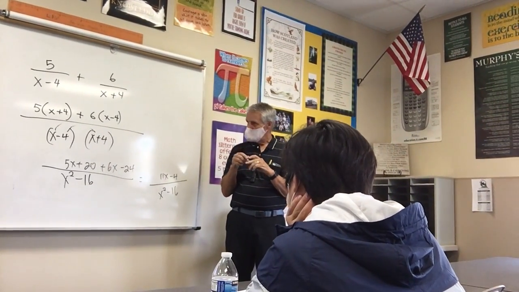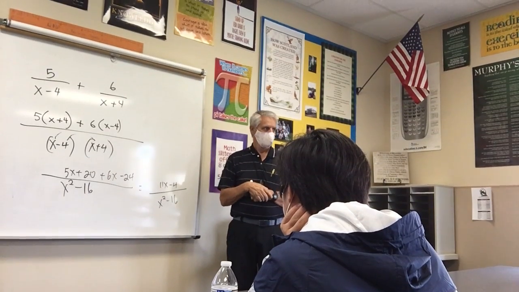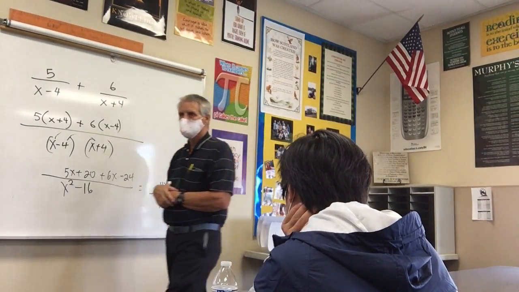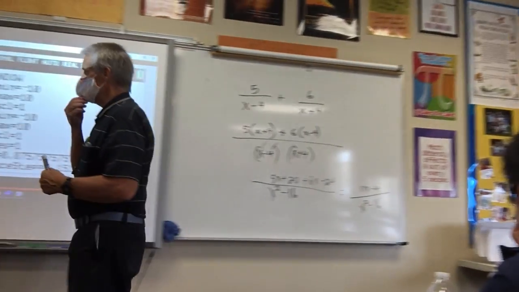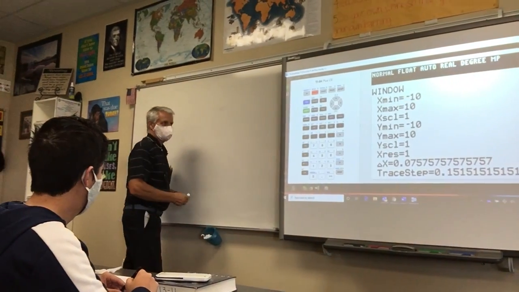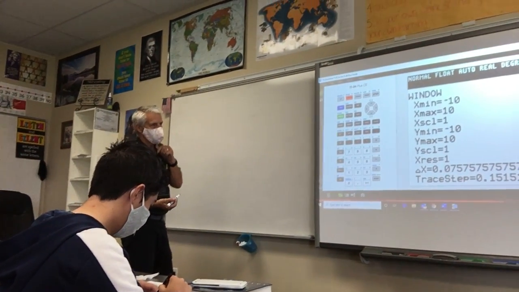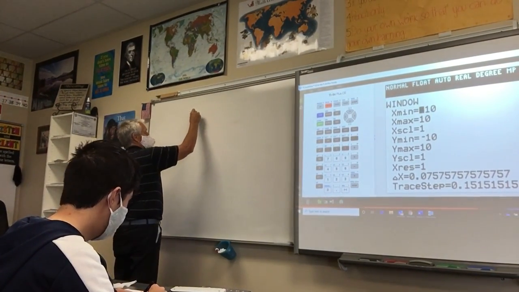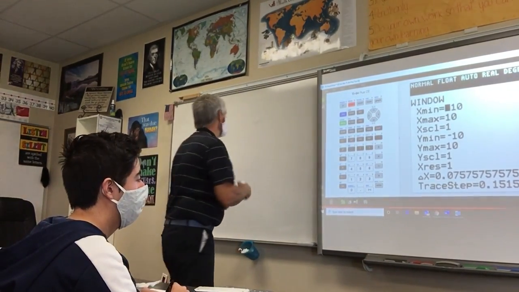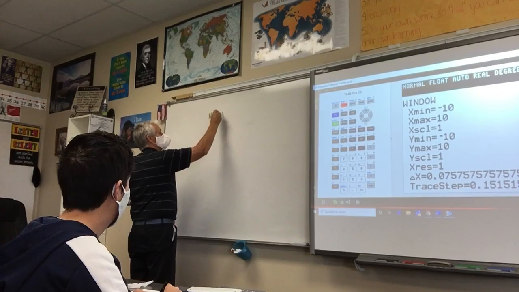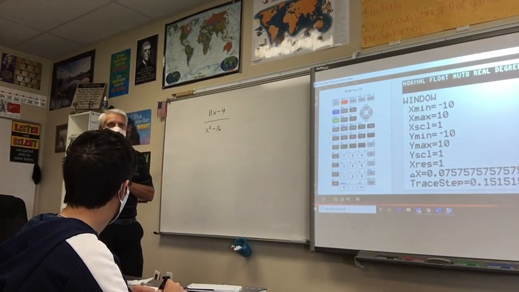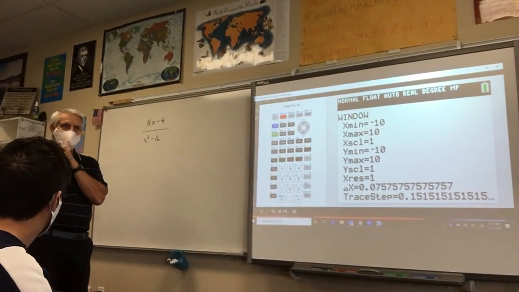Now, what we're gonna do now is do this in reverse. In other words, I know I have 11x minus 4 over x squared minus 16, and I want to know what 2 fractions I need to add to get that.